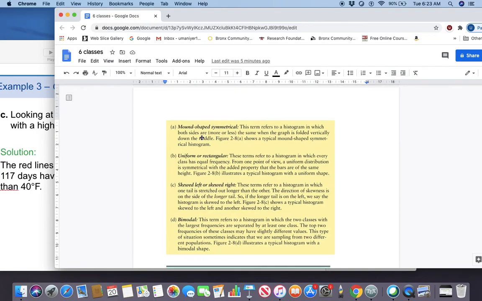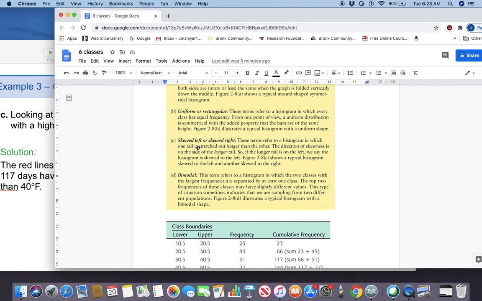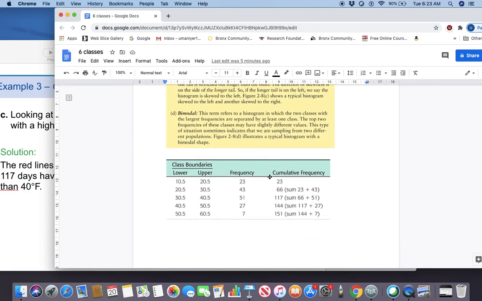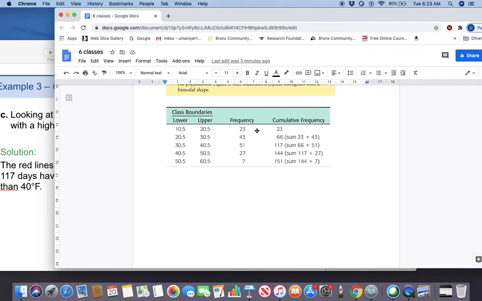There are different kinds of frequency diagrams. Some are mound shaped, some are uniform or rectangular, some are skewed left or skewed right, some are bimodal. Cumulative frequency: look at your frequency table. Add the previous accumulated frequency to get the new one. So you have 23, there's nothing previously, so that remains 23.